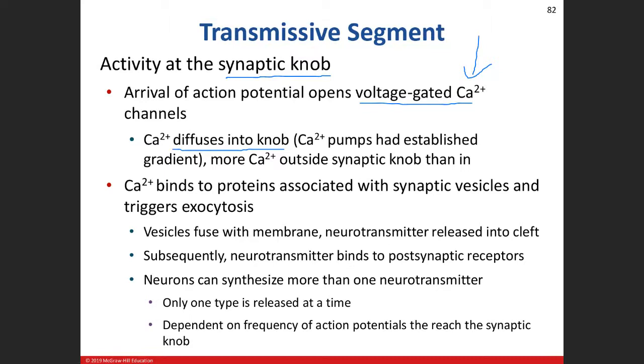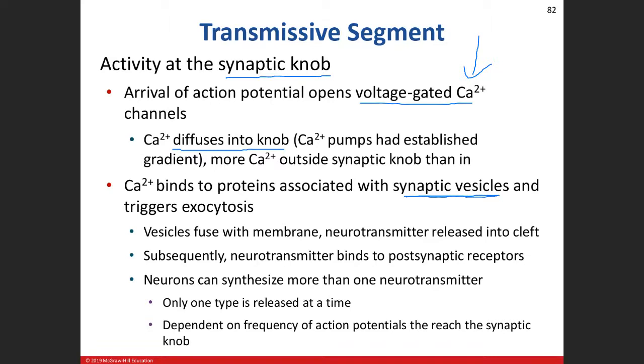So calcium moves into the knob, and it's going to bind onto the synaptic vesicles. These synaptic vesicles are bubbles inside the synaptic knob that contain the neurotransmitter. They have specialized proteins on the outside, and the calcium is going to bind onto that. It's going to turn the outside of those synaptic vesicles positive.